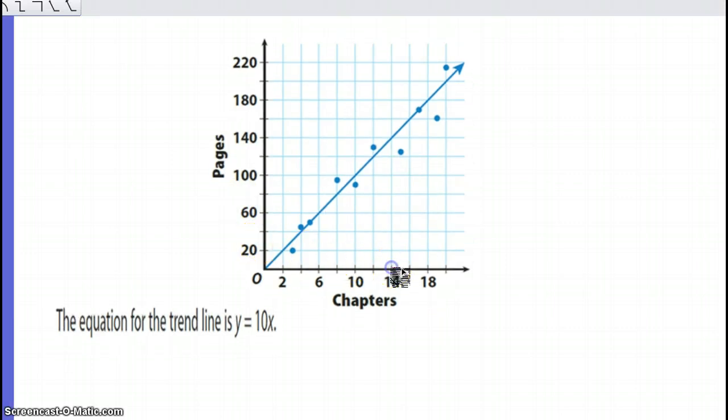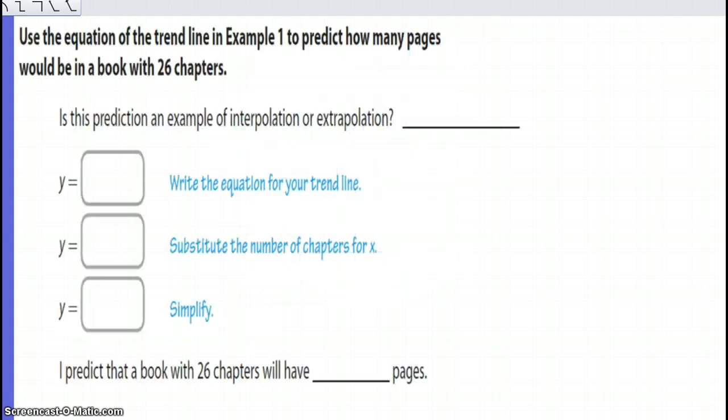Well, let's see, there's 14, and I'm going to go up to my line. Now I'm going to go from this over to where I see my answer would be, which is approximately 140. So this is how I would use a trend line to determine how many pages would be in a book with 14 chapters. Okay?